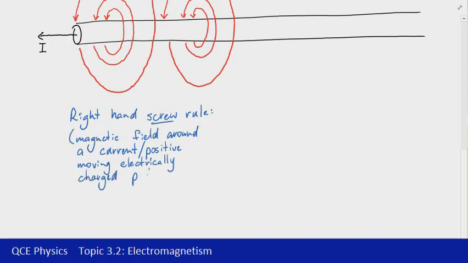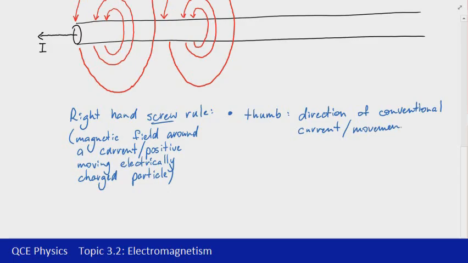So the convention here is that we're going to use thumb to indicate the direction of the current. And when we talk current here, we're talking conventional current. We know that it's actually electrons that move, but when we're dealing with any current in electricity, we treat it as though it's the positive charges that move, and that means we can also treat the direction of the thumb as representing the movement of positive charges.